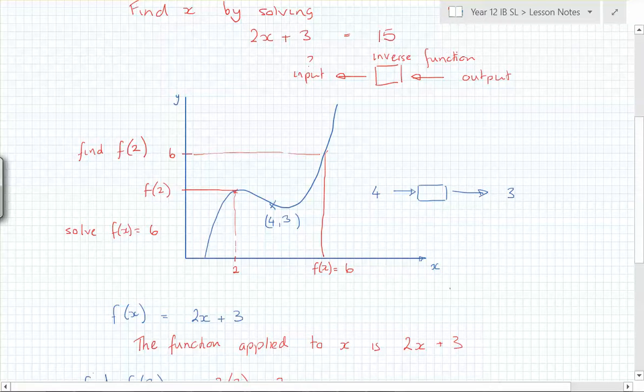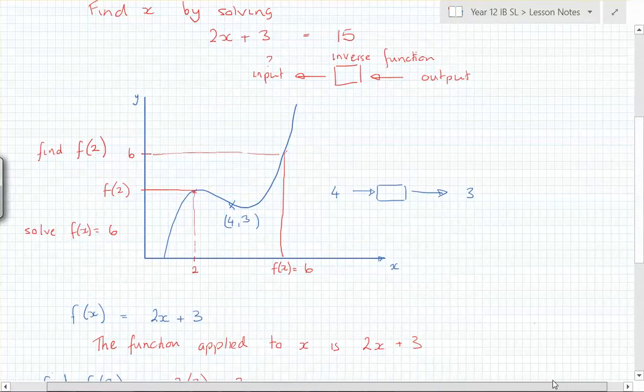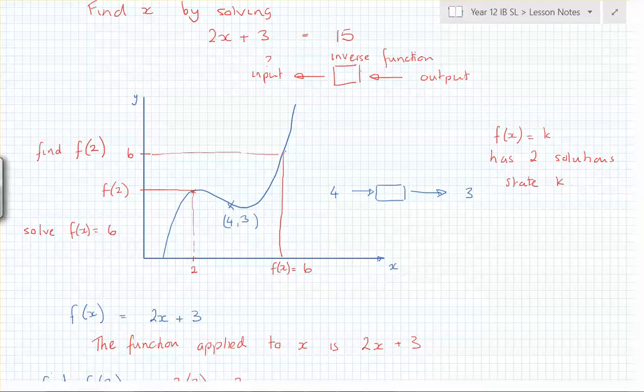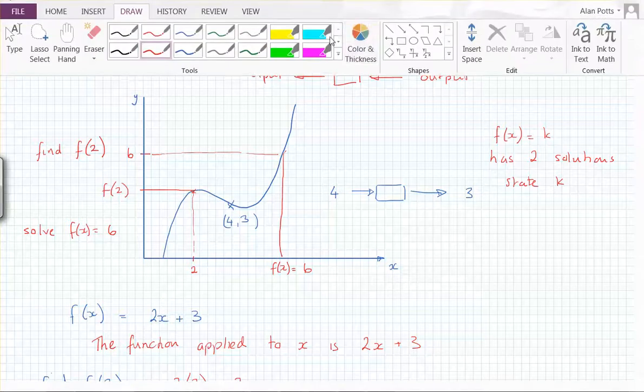Okay. Now, one more thing from a graph. If I said to you f of x equals k has 2 solutions, and I said to you state k using this chart, how would you do that? Go on, George. Well, the k is like another way of expressing constants.